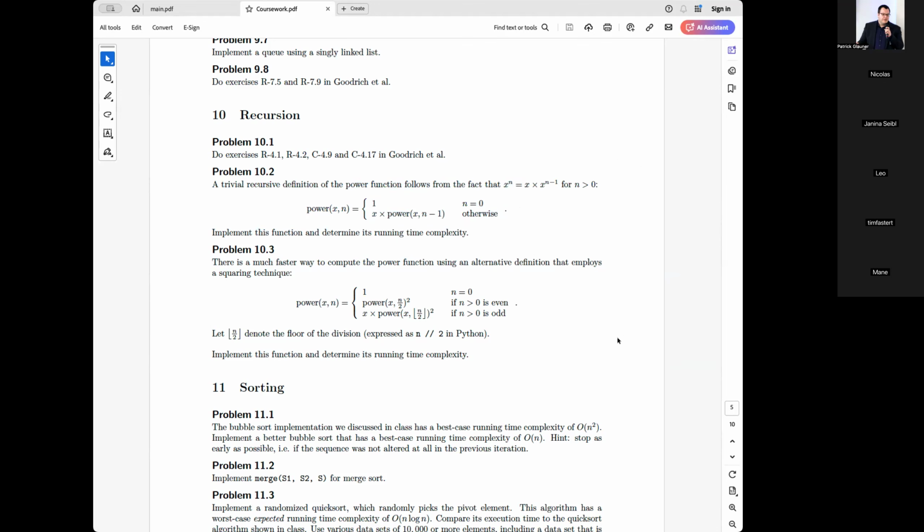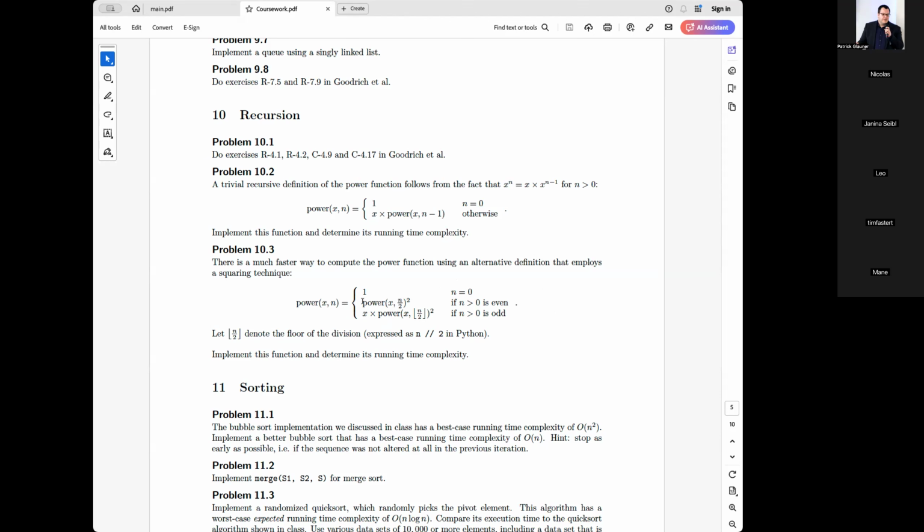And it actually turns out that you can speed up the calculation of the power function. When n is 0, obviously the result is 1. And if n is even, say 2 to the power of 10, for example, you could say 2 to the power of 10 is 2 to the power of 5 times 2 to the power of 5.